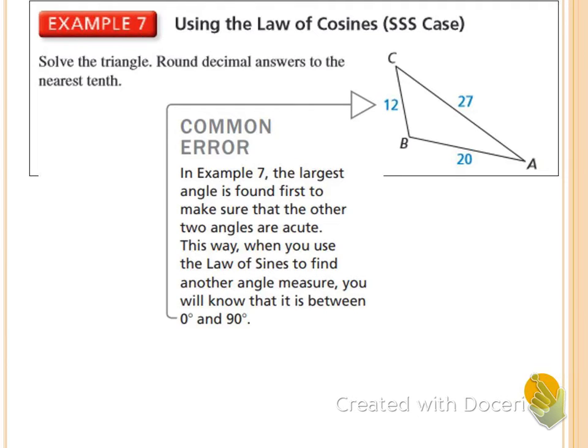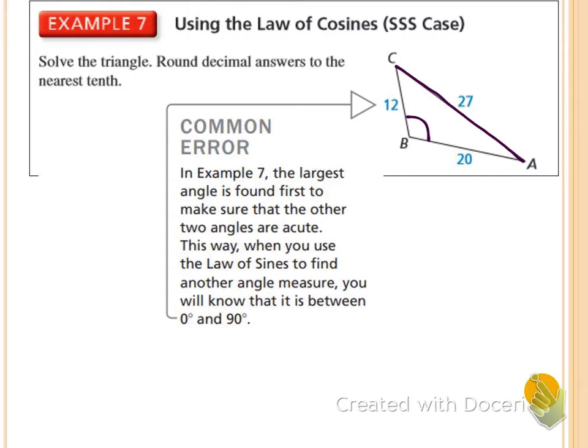In example 7, the largest angle is found first to make sure that the other two angles are acute. This way, when you use the law of sines, again, you can't use the inverse of sine with an obtuse angle. So we find this angle at B first, because the remaining two are acute, and we could use the law of sines with them. The easiest way to find that is just pick the longest side and find the angle across from it.